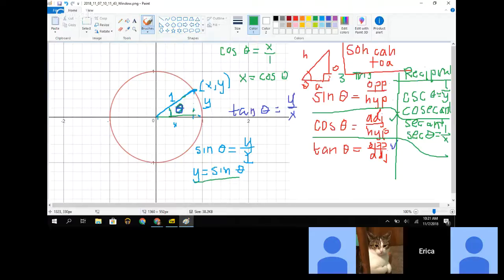And of course, tangent has a reciprocal. The tangent of theta has a reciprocal called the cotangent. Okay. So the cotangent is the COT. The cotangent of some theta is going to be, instead of y over x, x over y.